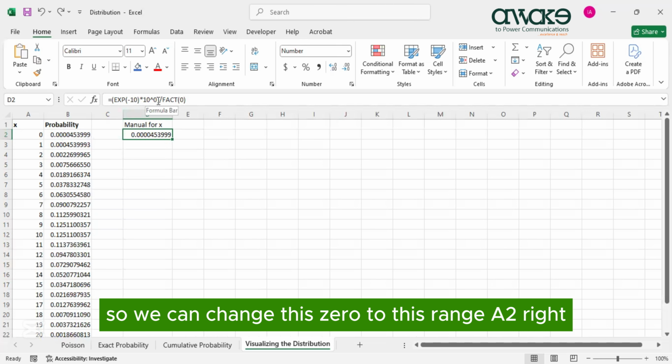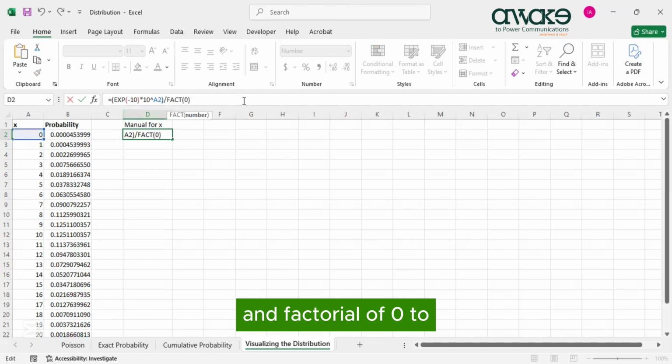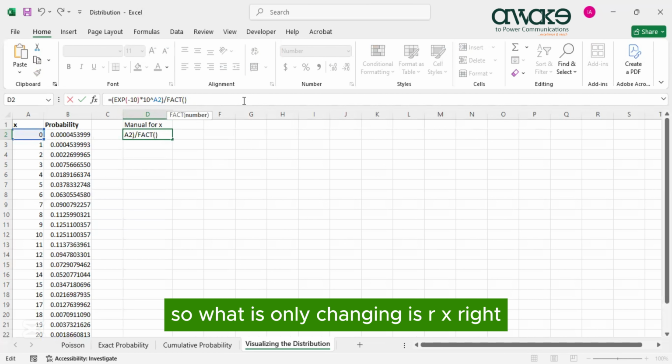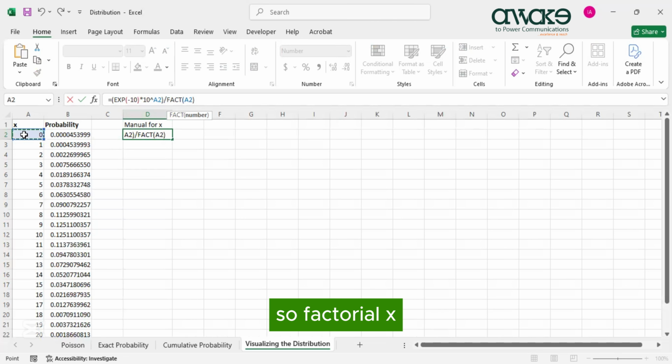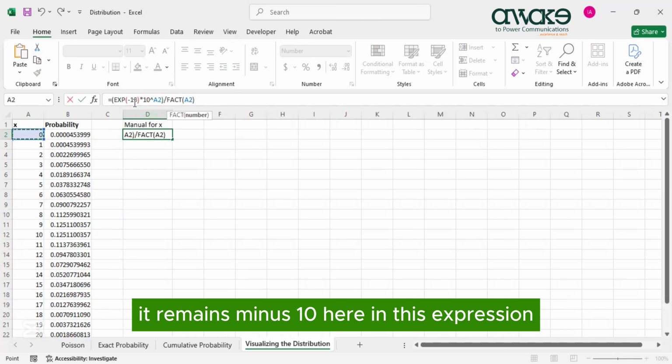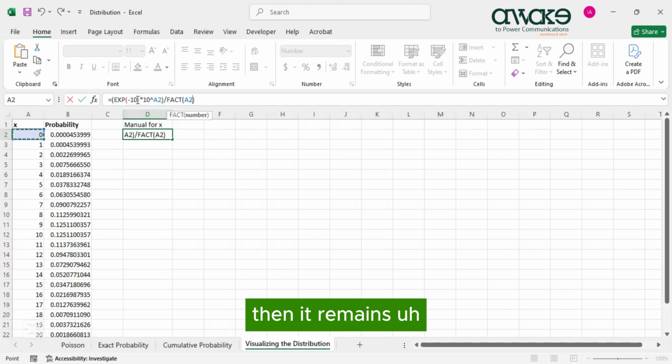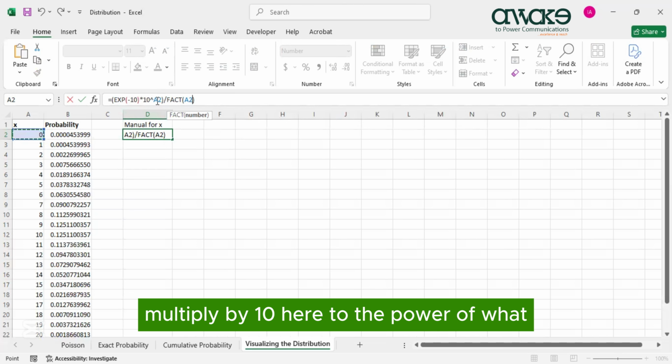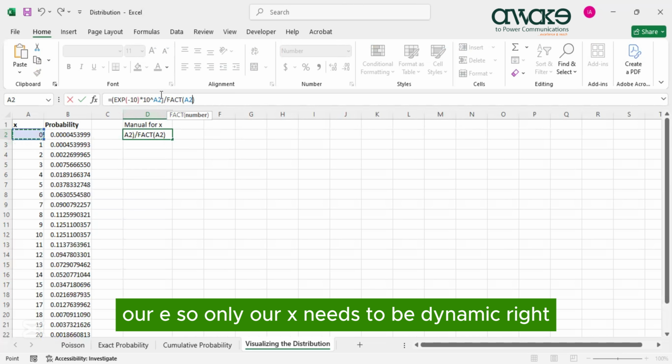So we can change this 0 to this range, A2. What is only changing is our x, so factorial x. Our lambda, like I said, remains the same. It remains minus 10 in this expression, then it remains multiplied by 10 to the power of our x. So only our x needs to be dynamic.